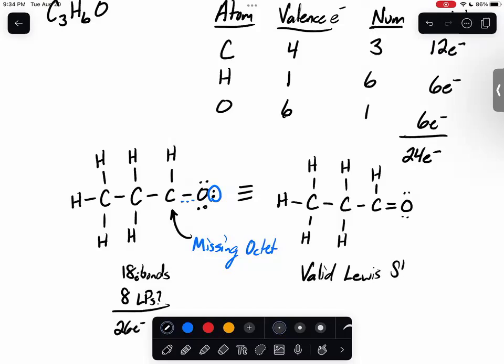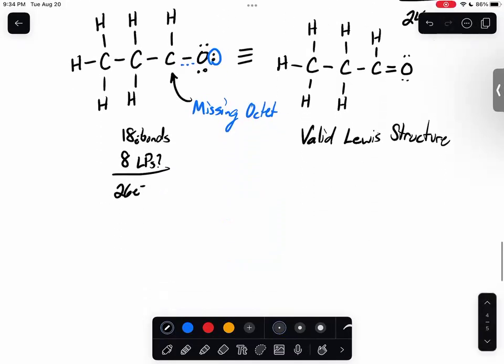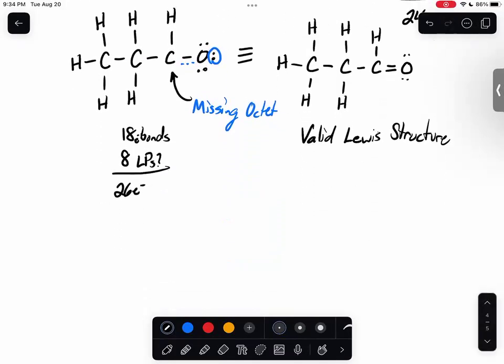So if you can't tell, Lewis structures do have to, unless a charge or something else is shown, have all octets filled. And it also has to be the most neutral Lewis structure possible. So those are two rules that you've got to follow, right?